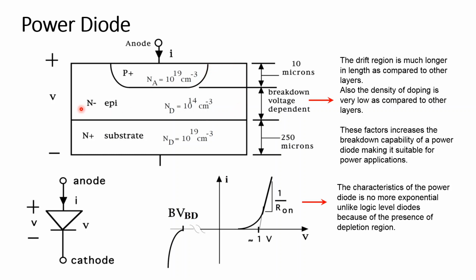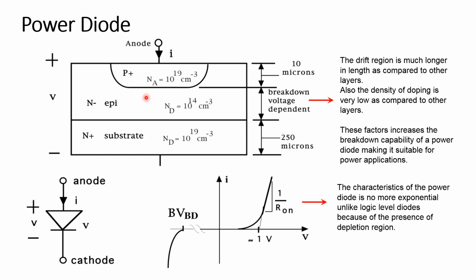So this is N minus, that means this is an N type region with light doping. So we have number of donor atoms 10 to the power 14 per centimeter cube, which are very low as compared to the concentration of donor atoms here. So this region is having high doping and this region is having light doping or very low doping.